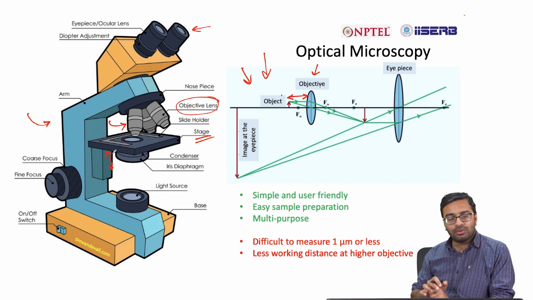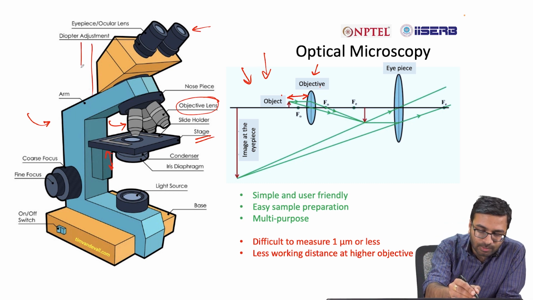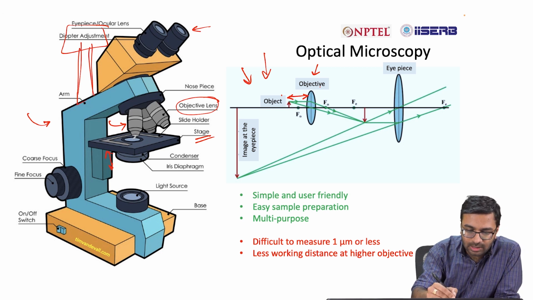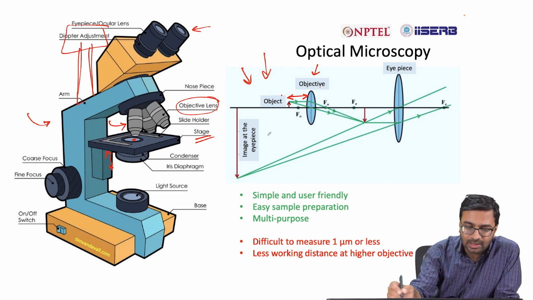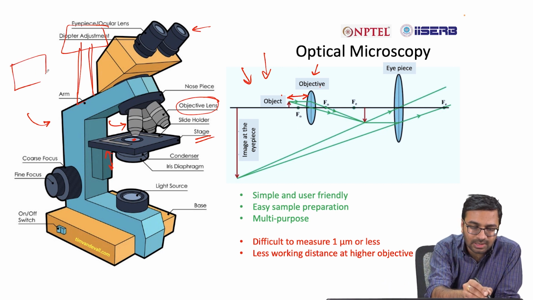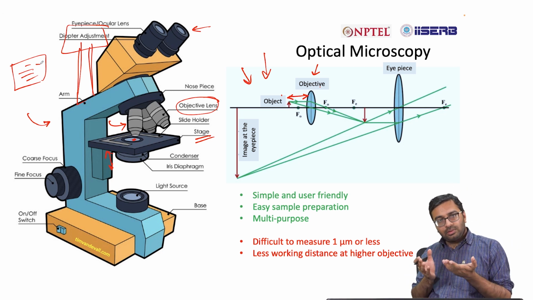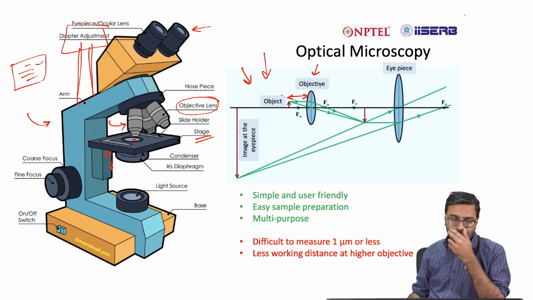And nowadays you also will find there is a camera arrangement kept somewhere here. That camera will take a picture of the image that is received by these lenses, and then there is a computer where you can see the image of your device or electrode, whatever it is, right?